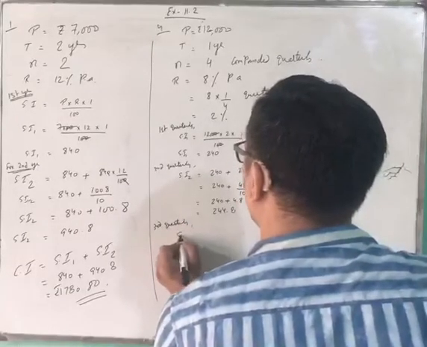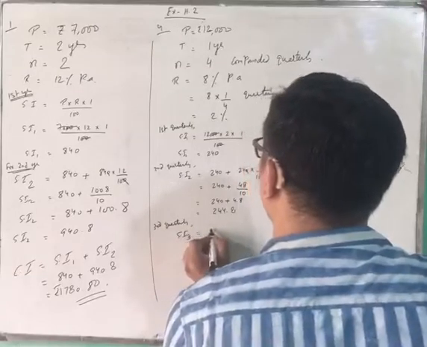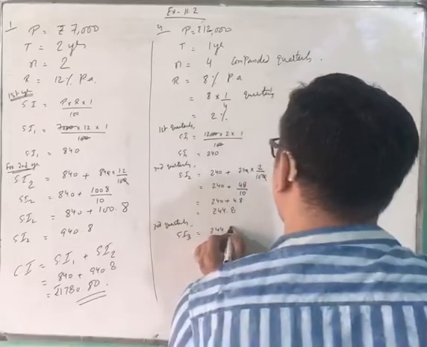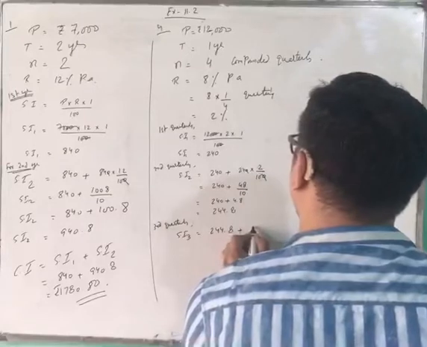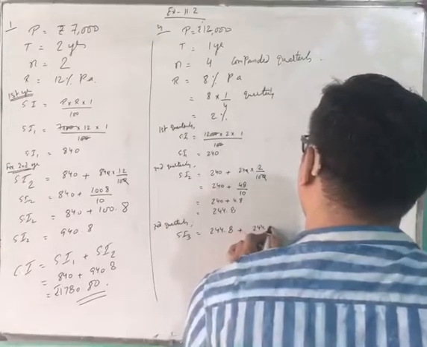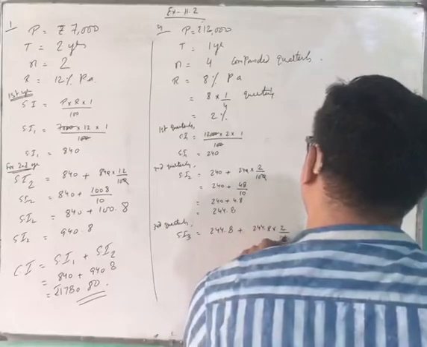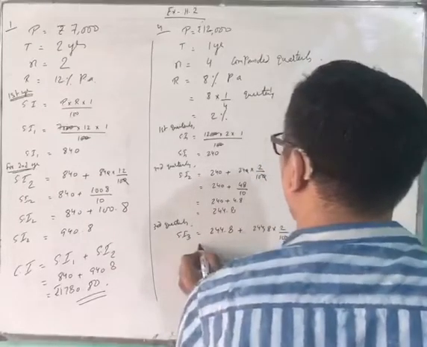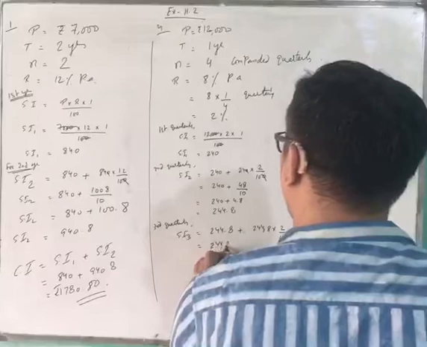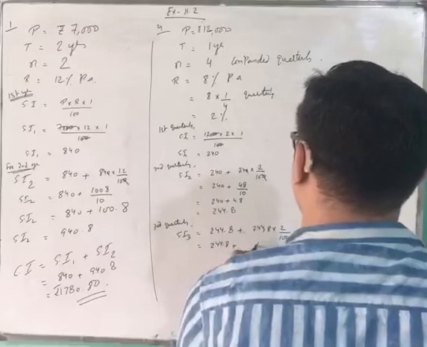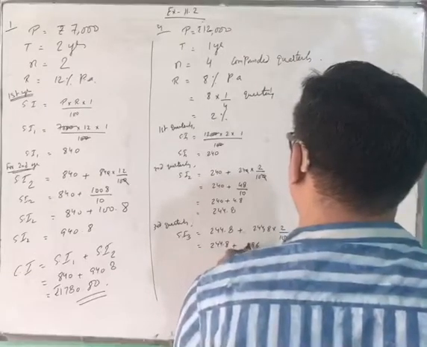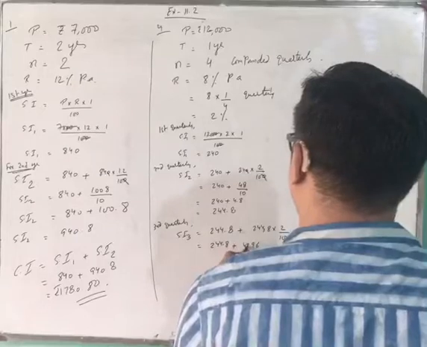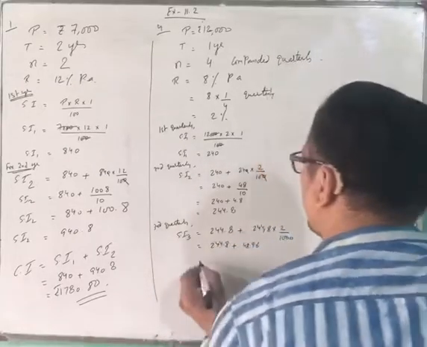Again, the third quarter. Simple interest: 244.8 plus 244.8 into 2 upon 100. The point is struck off, so 244.8 plus 4.896.